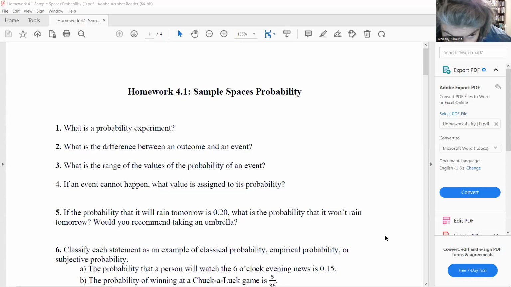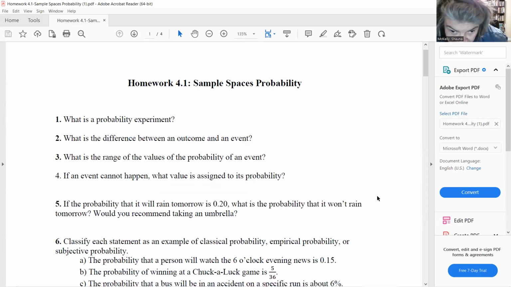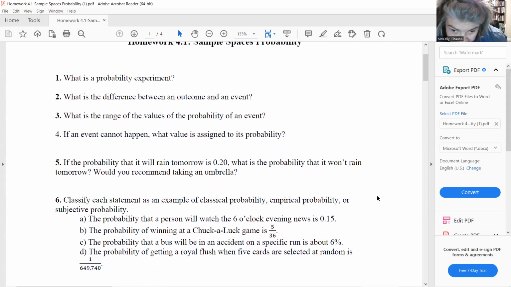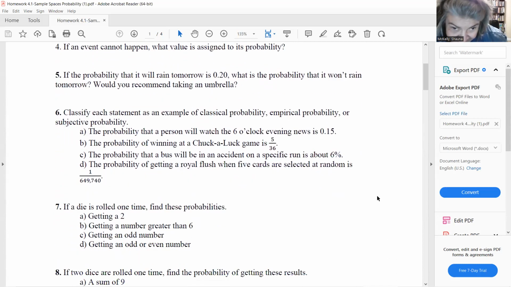Number 5 is probably pretty easy. If you've ever watched the weather, you probably have gauged this. If the probability that it will rain tomorrow is 0.2, what is the probability that it won't rain tomorrow? And would you recommend taking an umbrella?